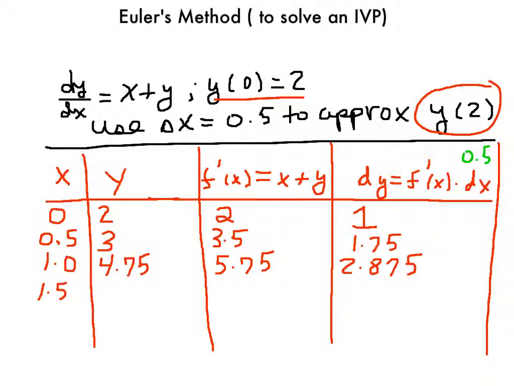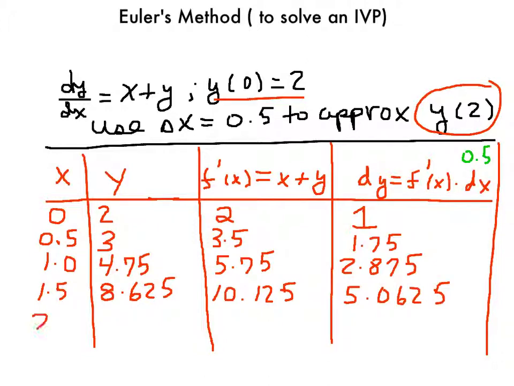And now what I do is I add my old value of y with the change, and I get my new value of y, which is 8.625. I add those together and I get, isn't this fun, 10.125. That's why this table just keeps everything so well organized. And now finally I'm where I want to be, which is 2.0.